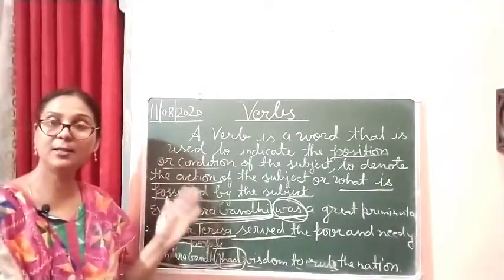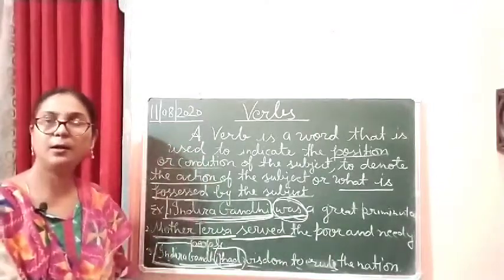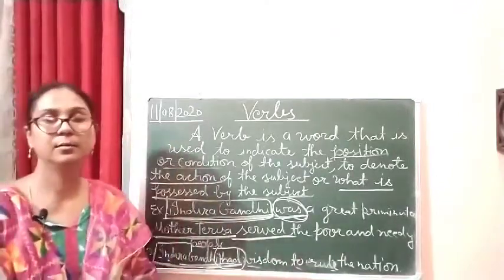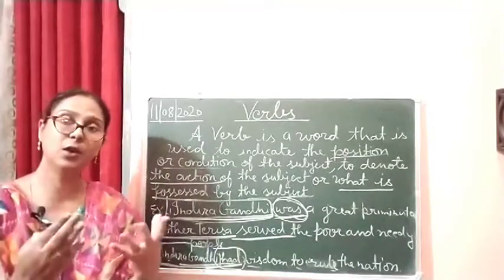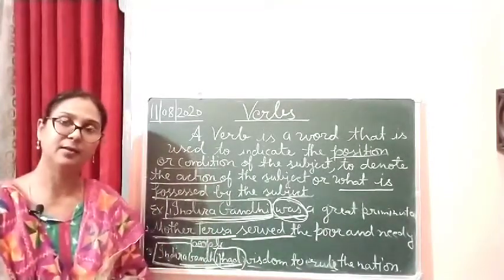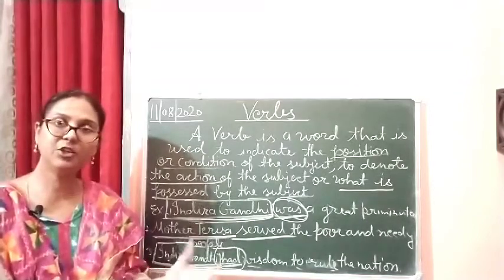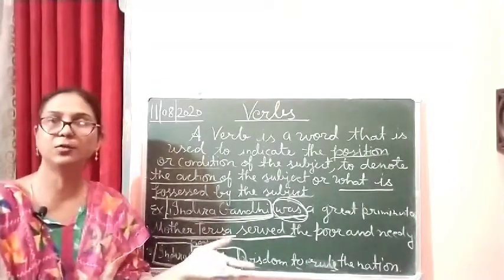Those 3 points are very important in the definition of verb. What are the things verbs are denoting? That we have to understand. Because the verb definition is so simple, these are all action verbs.